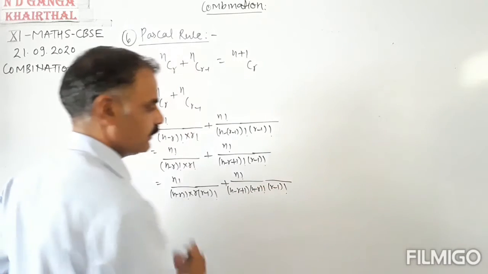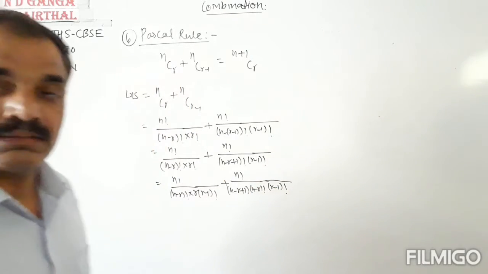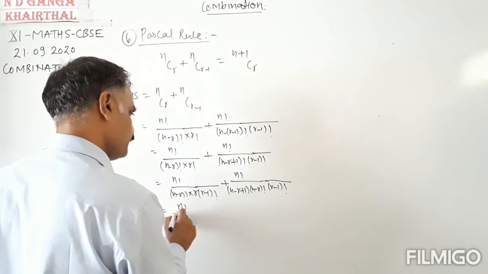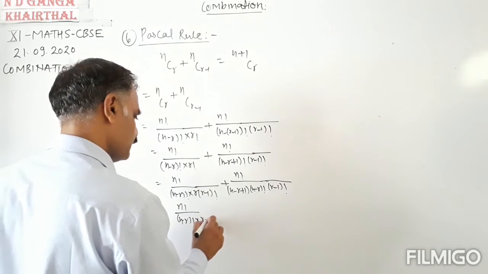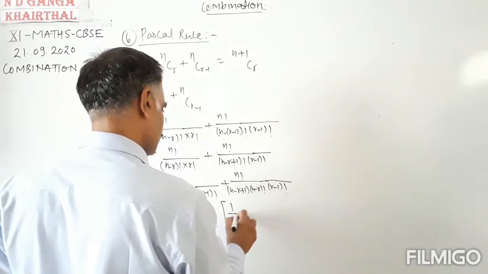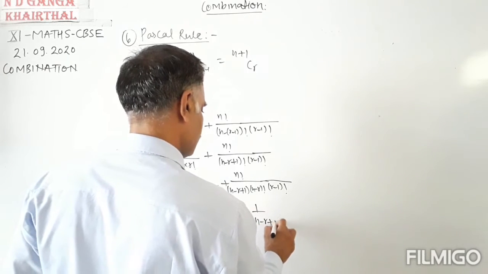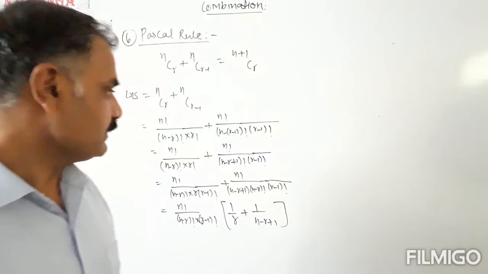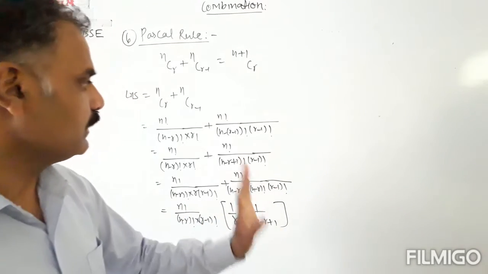Now taking some common, we will have factorial n upon n minus r factorial into r minus 1 factorial, and we will have 1 upon r plus 1 upon n minus r plus 1.